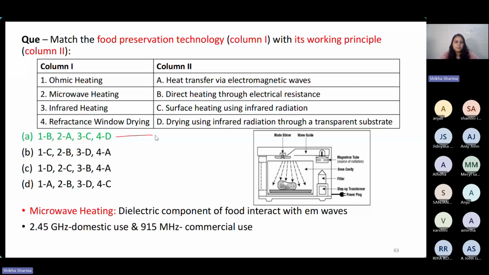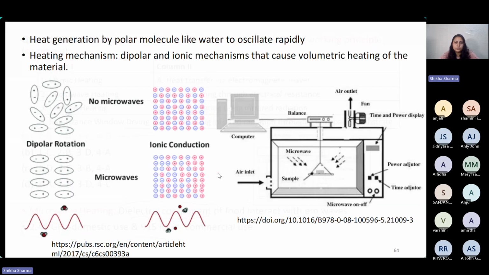She's correct basically. Microwave heating, as we discussed, also uses the dielectric component of the food which interacts with the electromagnetic waves. For domestic use the frequency is 2.45 gigahertz, and for commercial use, 915 megahertz. Here we will have our food, and from the top the microwaves will come and interact with the food.